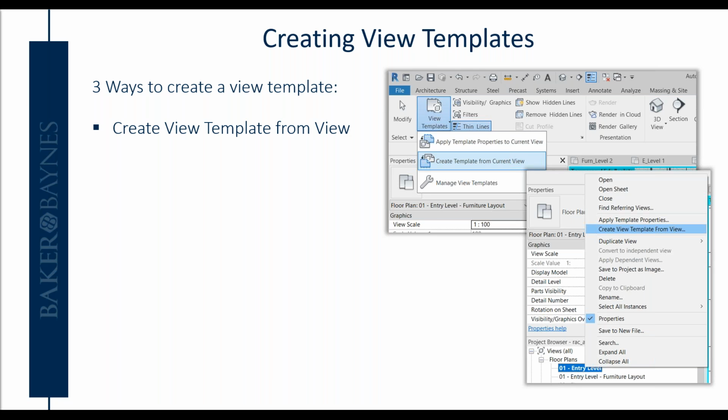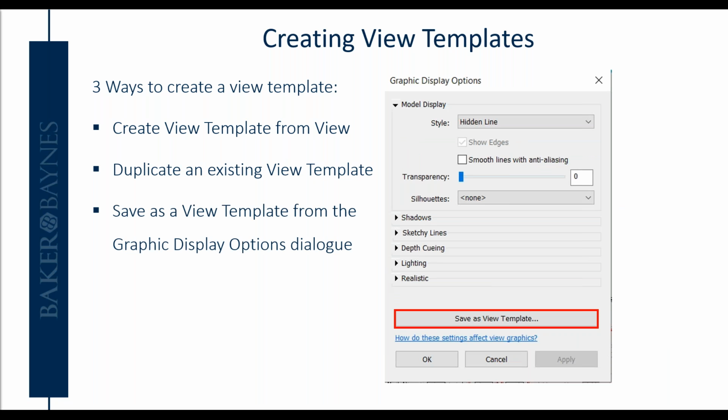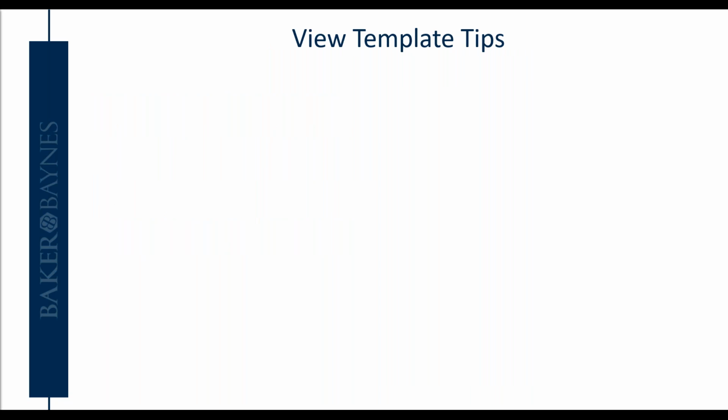Alternatively, you can also go to your View tab, and to the far left, there's an option that says View Templates, and you can just select the second option there. You can also select an existing view template and duplicate it and just rename it, and then just modify the settings accordingly. The last option is also then inside of your graphic display options. After you've set your settings, you can choose the Save as View Template option for that.